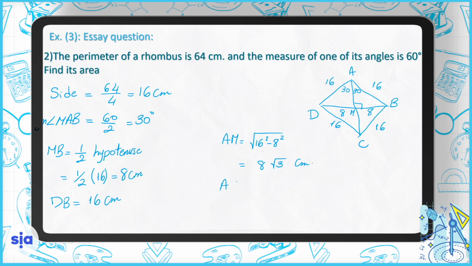So AC, as the whole diagonal, is double 8 root 3, which is 16 root 3. To find the area of the rhombus, it's equal to half multiplied by the first diagonal multiplied by the second diagonal. So it's 64 square root of 3 centimeters squared.